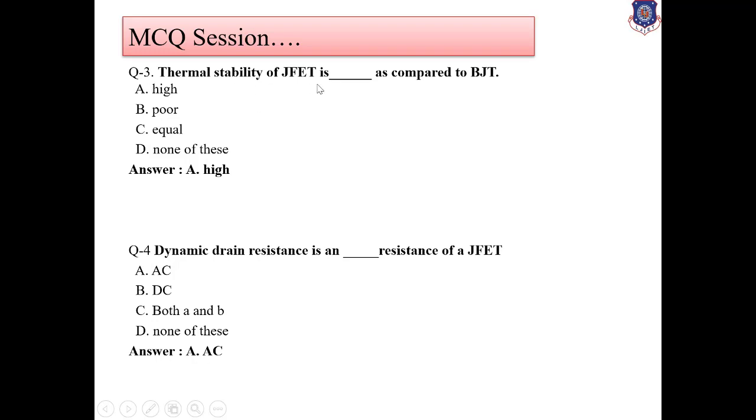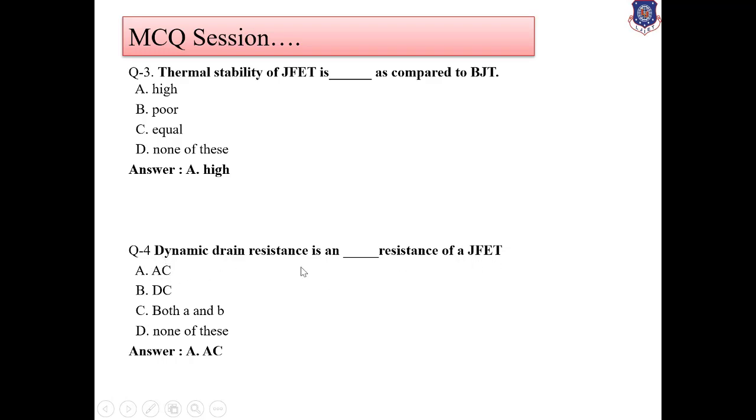Thermal stability of JFET is blank as compared to BJT. Obviously high. Thermal runaway is not possible and damage will not be done, so the temperature effect is very less. That means thermal stability is good. Good means high. Dynamic drain resistance is a blank resistance of JFET.